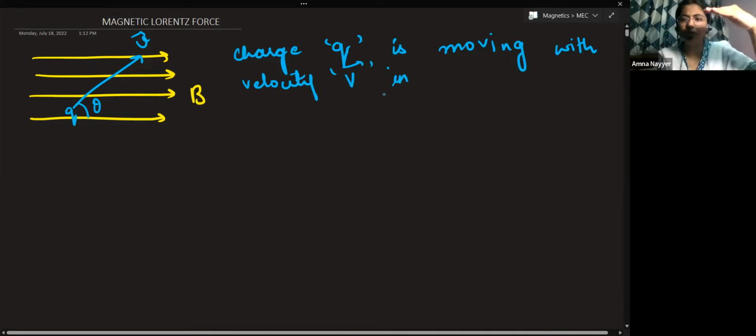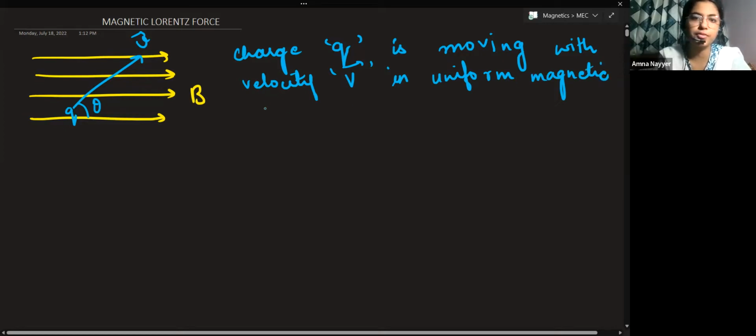The magnetic field is uniform, as you can see from the parallel lines, and I have taken it as B.